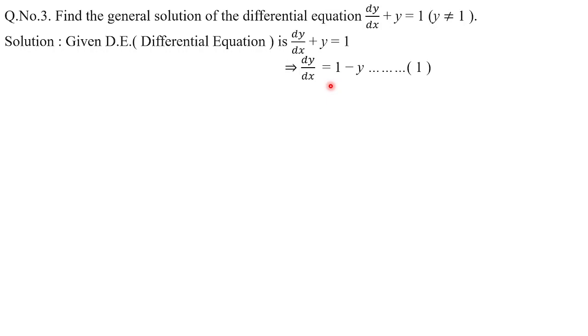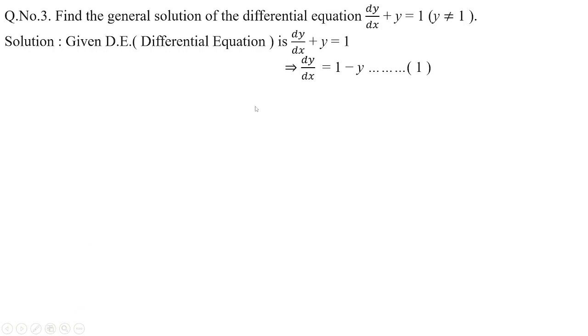Previously I told you we have to write the entire function in y, which is on the RHS, and transpose it to the LHS, and we transpose dx to the RHS. If you transpose 1 minus y to the LHS and at the same time transpose dx to the RHS, what is the next step? Can you tell me, any one of you?